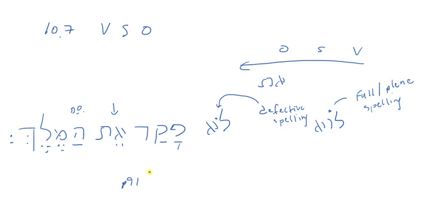So there is no overt explicit subject here. So you have to use the pronoun embedded in the inflectional ending, third common plural, they. Right? So they remembered. Do we translate the et here? No. You just go straight to the noun that it's prefixed to or whatever it goes right before. They remembered the Lord. They remembered Yahweh. All right? So that's your verb forms and how they work in sentences.